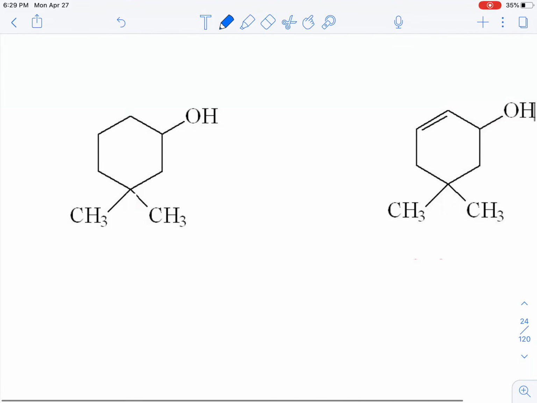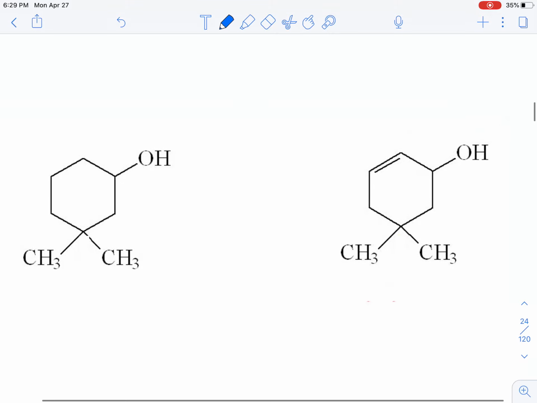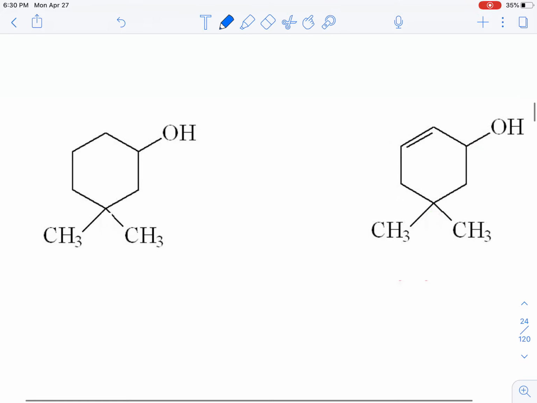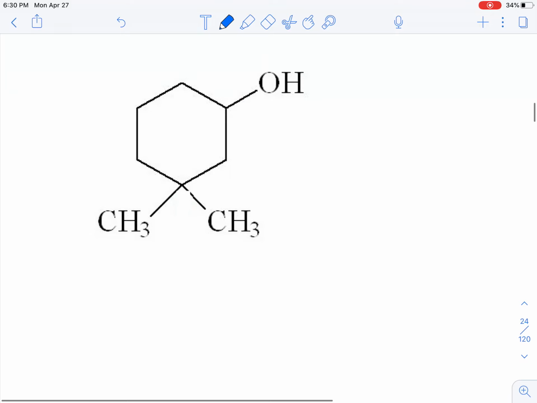And so let's go ahead and do both of these examples. Let's just do it very quickly before we go through the benzene stuff. All right, so here I have a 6-carbon ring, so I know that's cyclo.